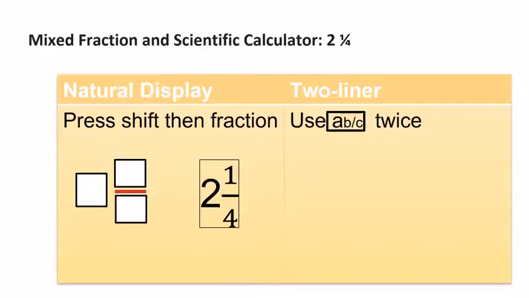But for a two-liner, you will use the ABC button twice. So enter 2, then the ABC function, enter 1, then the ABC function again, and then the denominator 4. In your screen, you will see this in your answer.